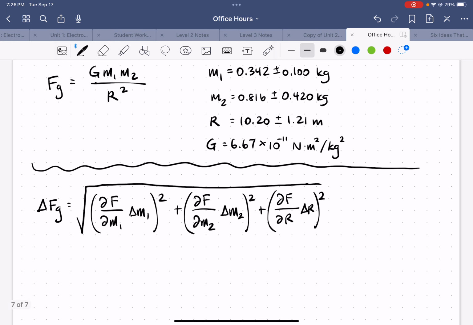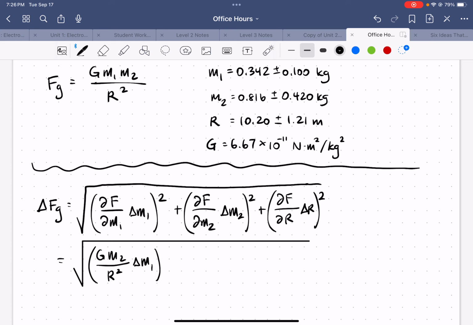Our first derivative, with respect to m1, is easy because in the numerator it's to the first power. So this will be G times m2 over r squared, multiplied by delta m1. If we take the derivative with respect to m2, we get G times m1 over r squared times delta m2.